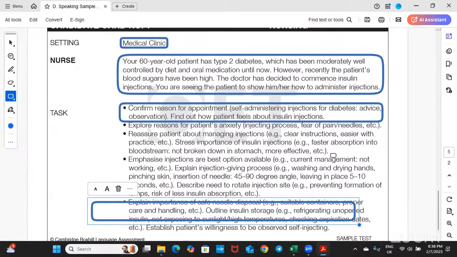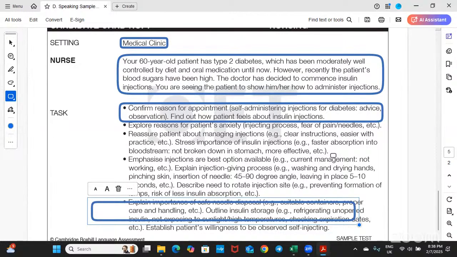Then he will tell you, now you confirm that he is regarding self-injecting insulin, and he will tell what is his problem, and he'll discuss some of his background things. Then, okay, you can find out how the patient feels about insulin injections.